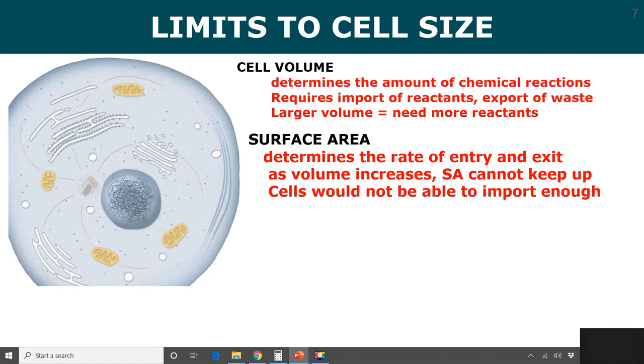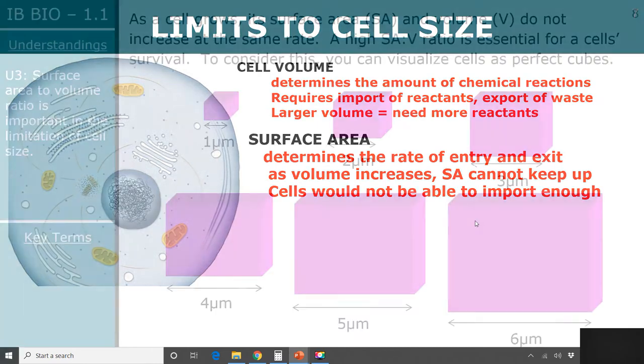So any larger volume is going to need more reactants because it's going to be doing more chemical reactions inside that cell. Now, the surface area, which is the outside covering, is what determines the rate of that entry and exit. So as the volume increases, the surface area isn't going to be able to keep up enough to import enough reactants. So the cells would not be able to import enough reactants in order to do the chemical reactions that they're going to do.